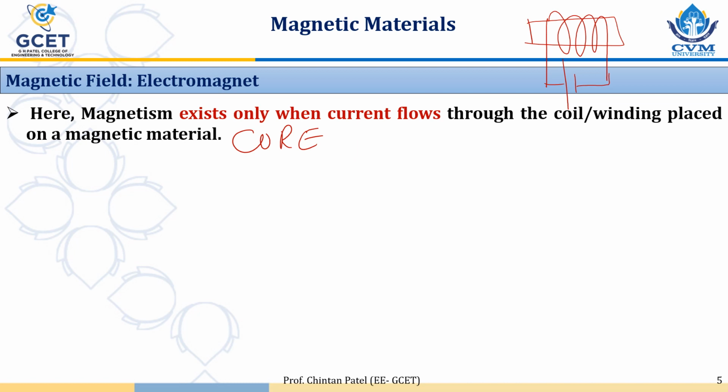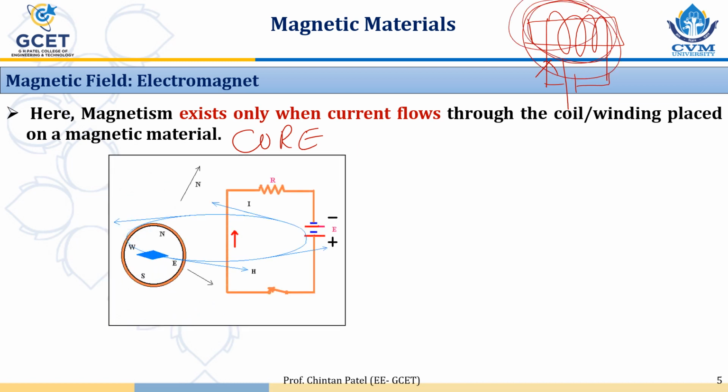Now this source could be a variable source, or a variable resistor is provided in series with the source. So by controlling the resistance, we can increase or decrease the current flowing through this winding, and depending upon the magnitude of the current, the magnetic flux around the electromagnet is controlled.